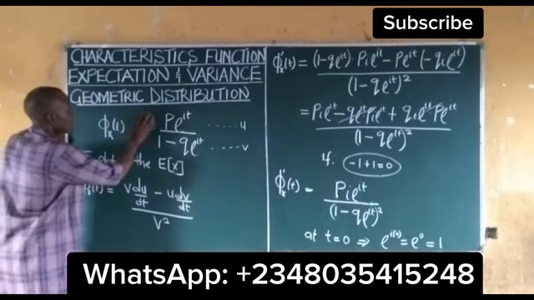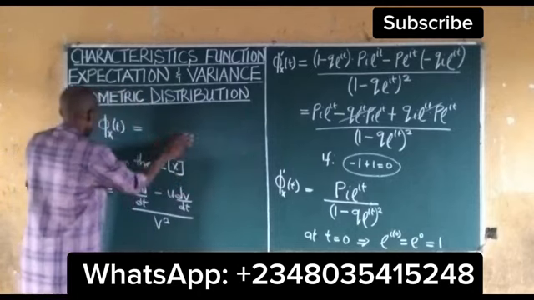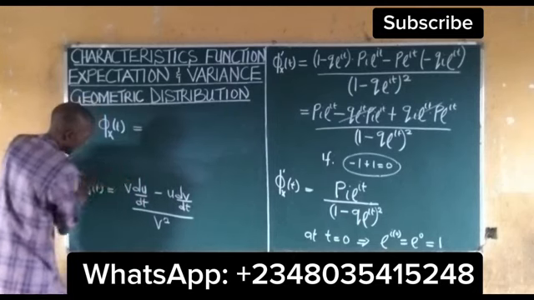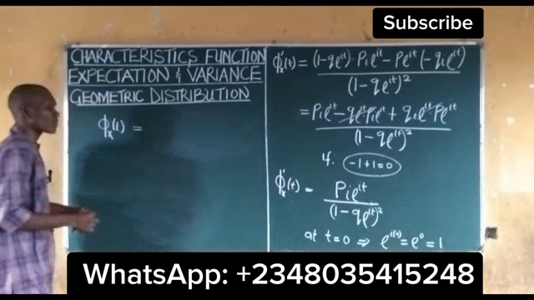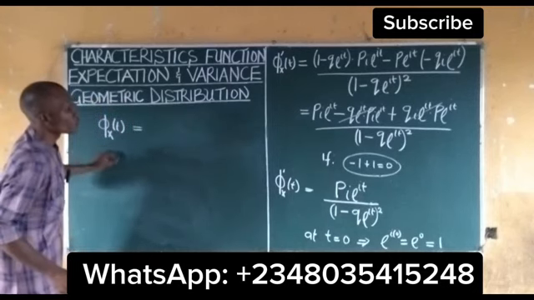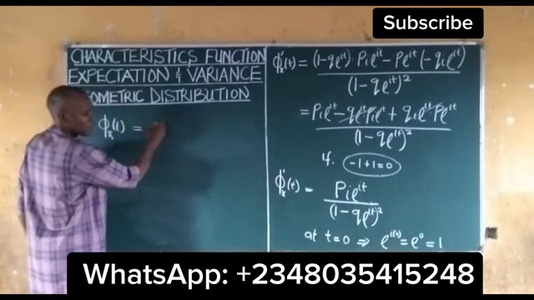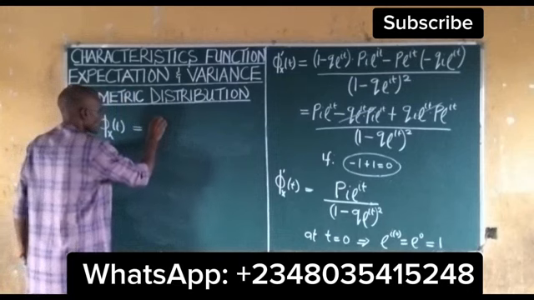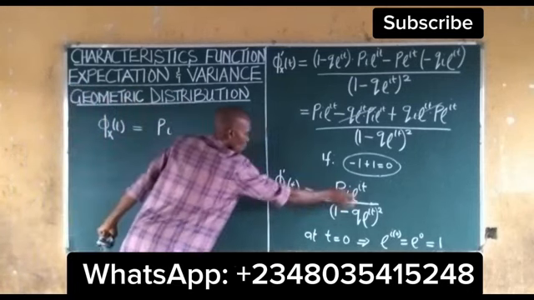So to get our derivative, at t is equal to 0, it means we have p i, because this becomes 1, all over 1 minus q squared.